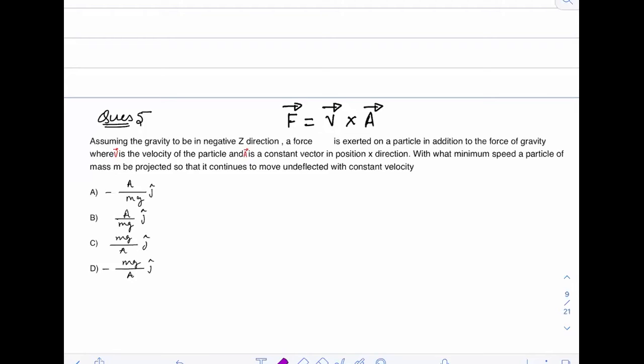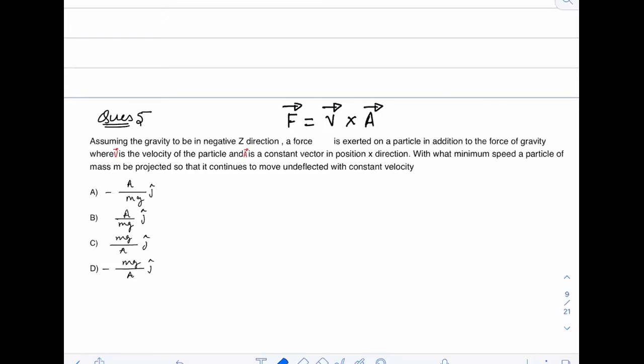V is a velocity vector and A is any constant vector in the positive x direction. That means vector A is in the x direction. For vector V, we don't have any direction given. With what minimum speed should a particle of mass m be projected so that it continues to move undeflected with constant velocity?